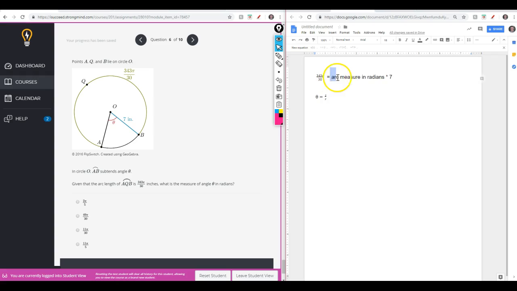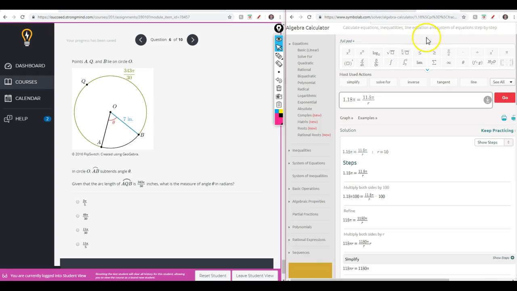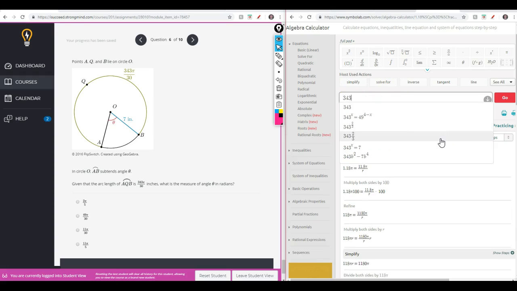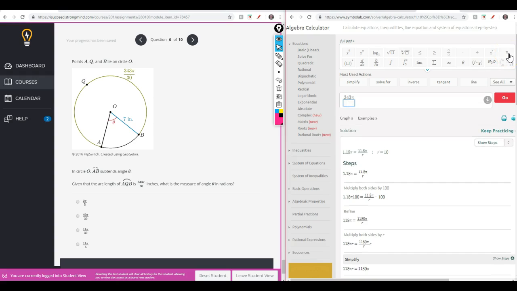So again, arc measure in radians is represented by theta. I could use theta or x. I'm just going to use x in this case. So 343 pi 30ths is equal to x times 7.